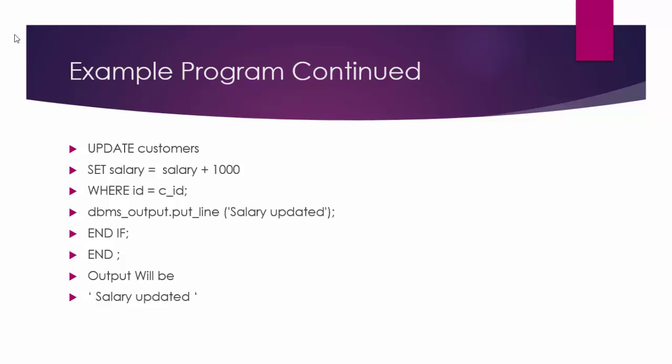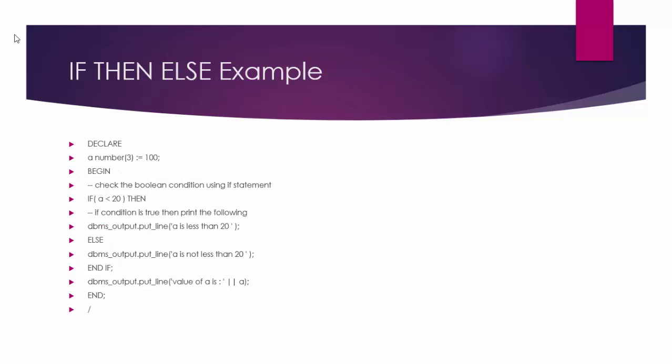Now this will update the customers table and set the salary as the current salary plus 1,000, where id equals 1, because we have 1 in our c_id variable. Then it will display the output salary updated. Then we will close the if clause, then we will end, and the output will be salary updated.